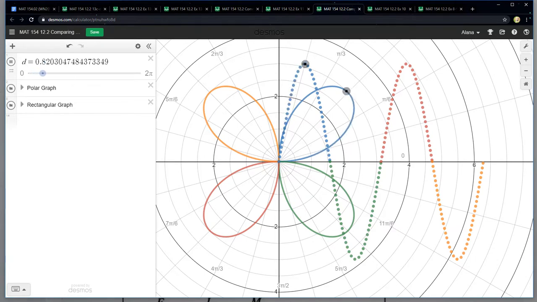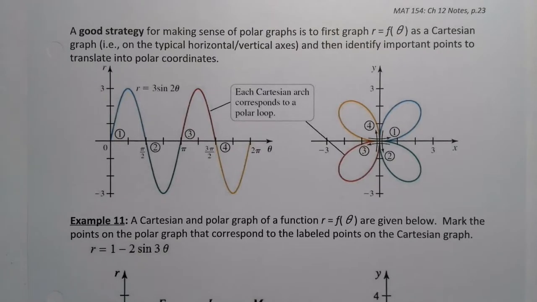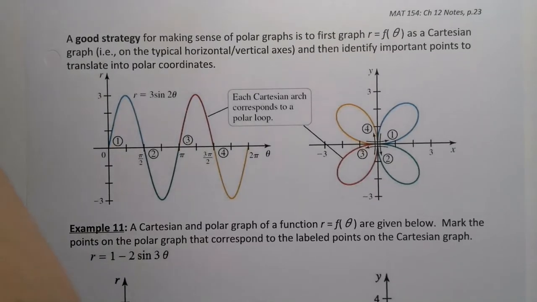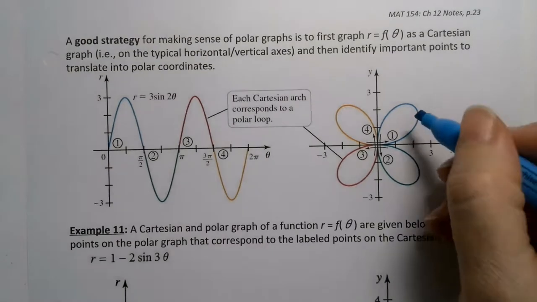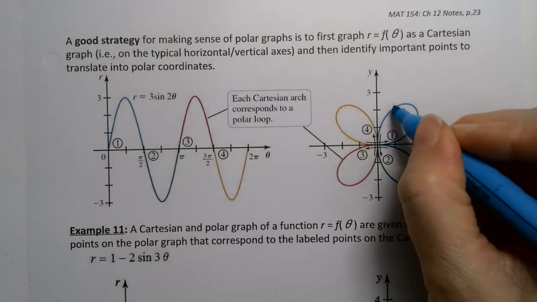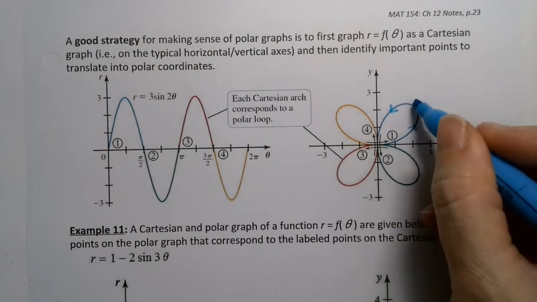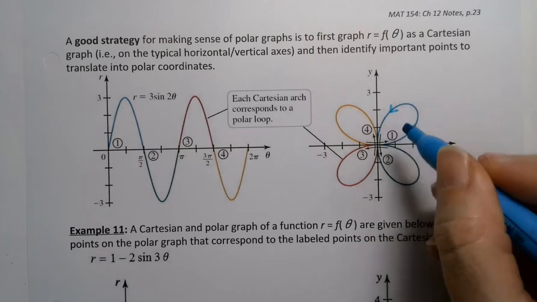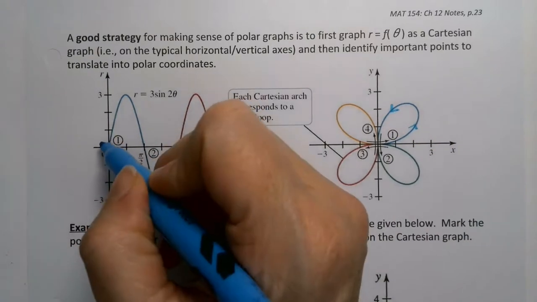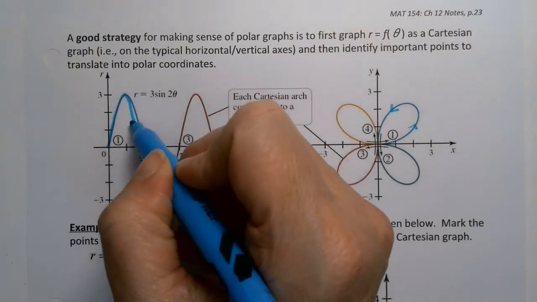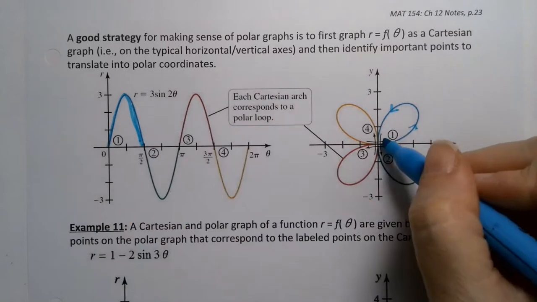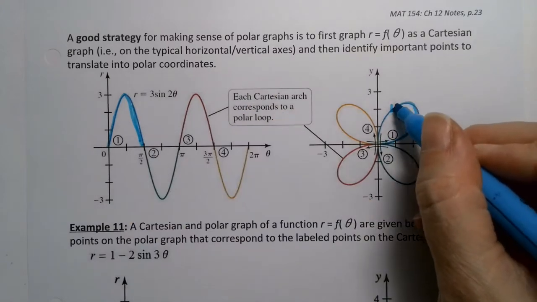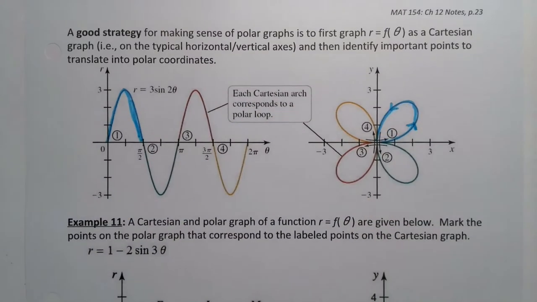All right, so let me go back to our piece and note that in a couple places. For one thing, we could see that it was arrowing through. So it kind of comes through here. So that's section 1. That's why they numbered it 1. This section right here in blue corresponds to this section right here in blue. And it cycles through.